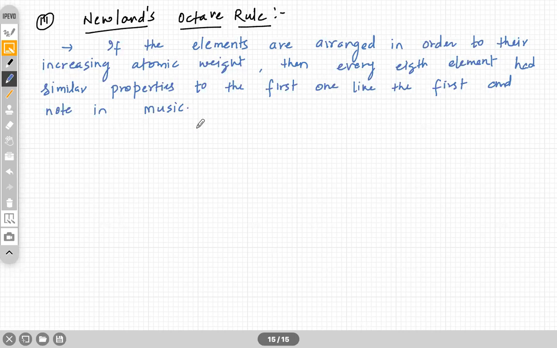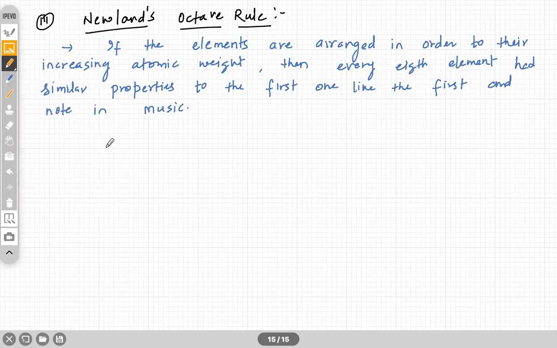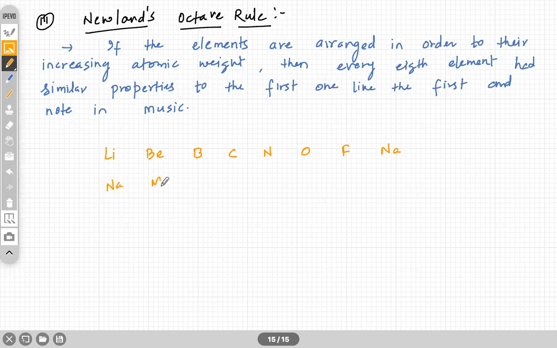If you arrange these atoms, you see we have lithium, beryllium, then we have boron, carbon, nitrogen, oxygen, fluorine, and then sodium. We have sodium here, magnesium, aluminium, silicon, phosphorus, sulfur, chlorine, and potassium.